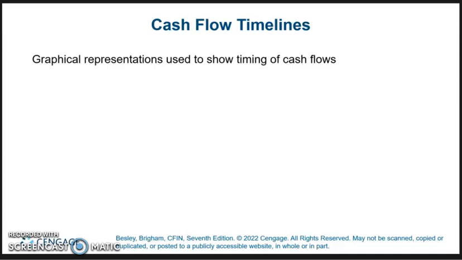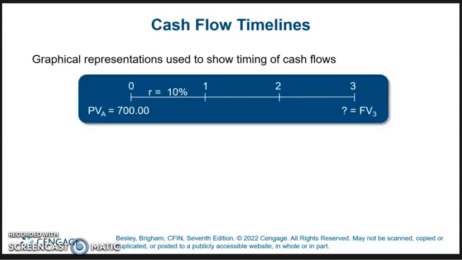Cash flow timelines are just a graphical representation showing the timing of the cash flows. Here we saw this on the previous page. We have a present value of $700, and then we're going to add 10% each year and come up with a future value.